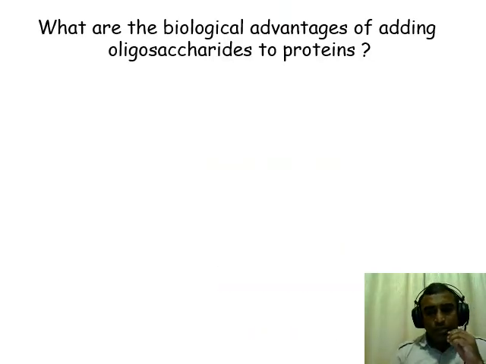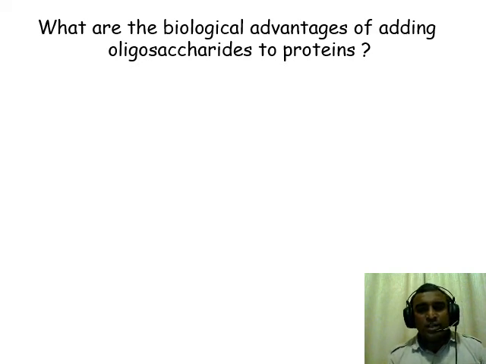Finally, we come to this slide here. It's about why in nature the protein, once it's undergone transcription and then translation, then you get a protein. Why does it undergo certain post-translational modification, which adds carbohydrate to the protein?